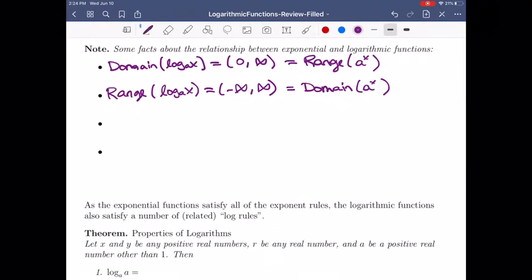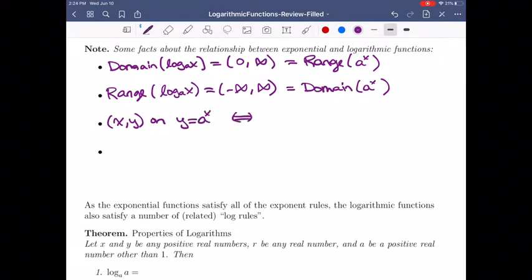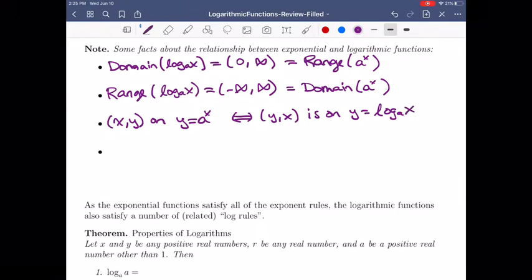Also, the point (x, y) on the graph of a to the x means that the point (y, x) is on the graph of log base a of x. This happens when they are inverse functions.